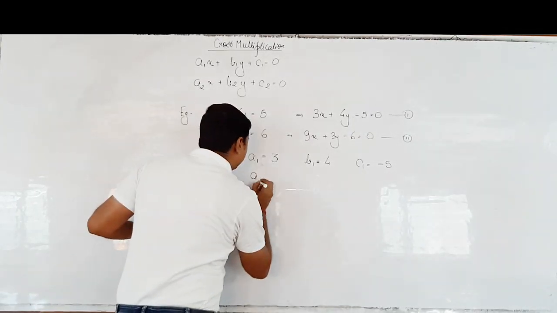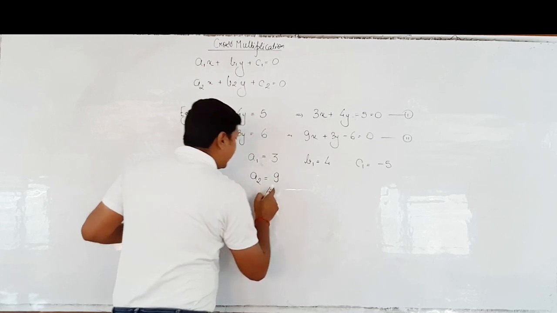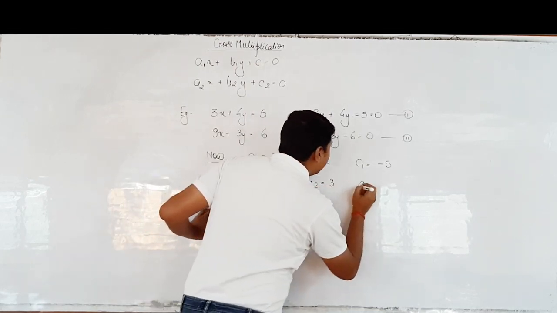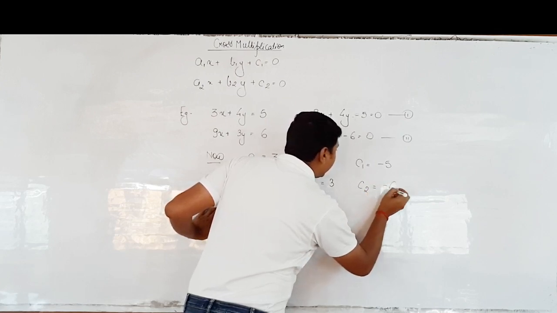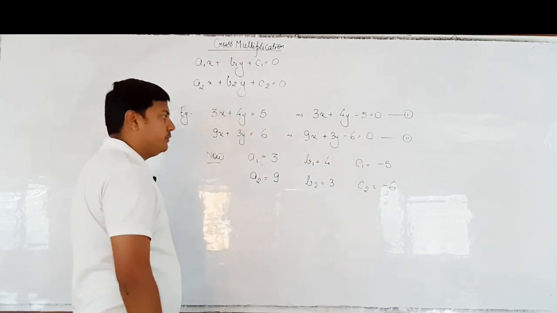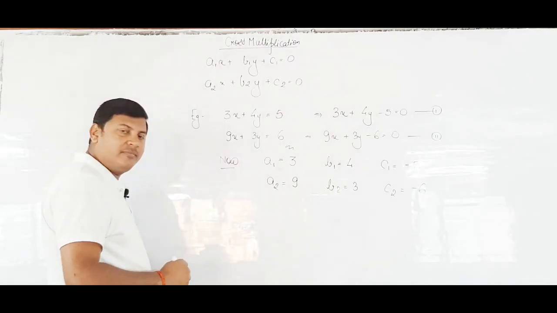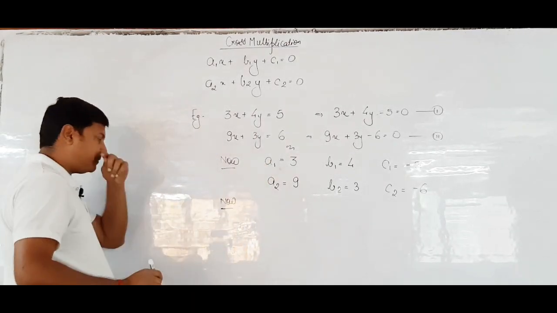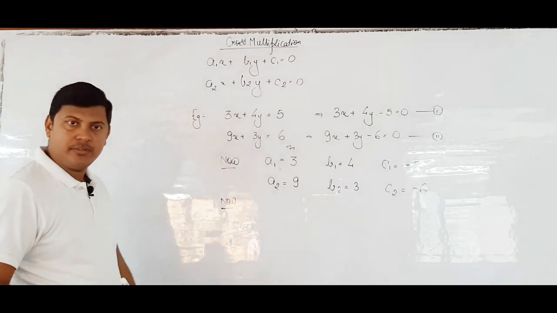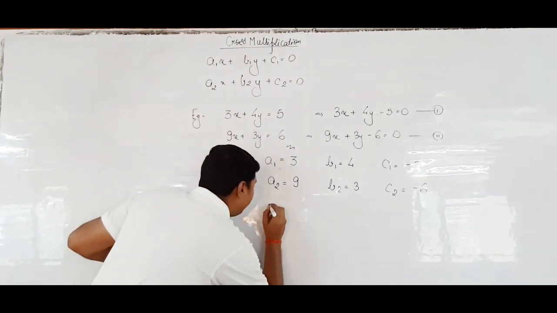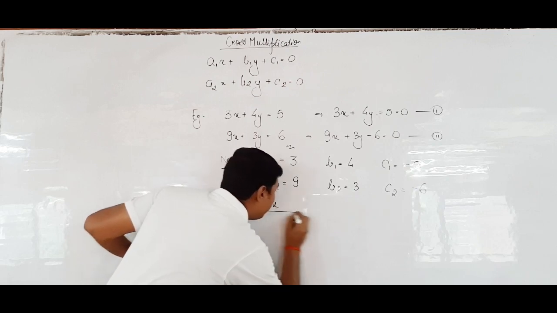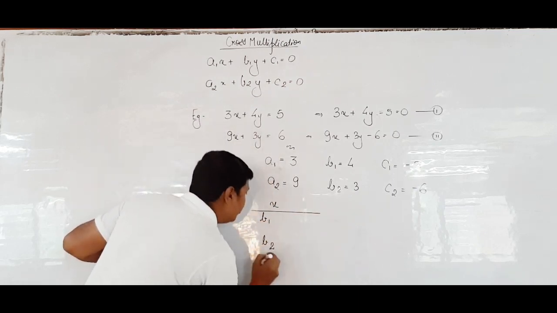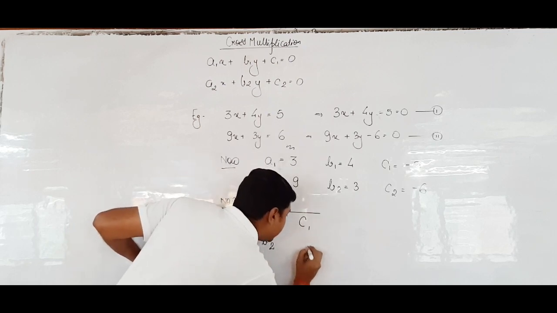Now, a2 is 9, b2 is 3, and c2 is minus 6. Is that clear? Now we'll write the formula for cross multiplication. For that, we will write x by b1, b2, c1, c2.